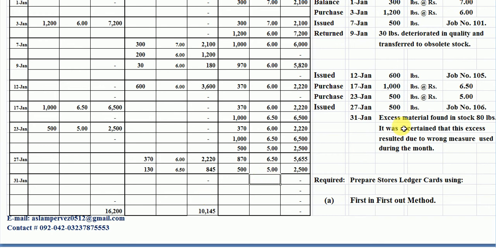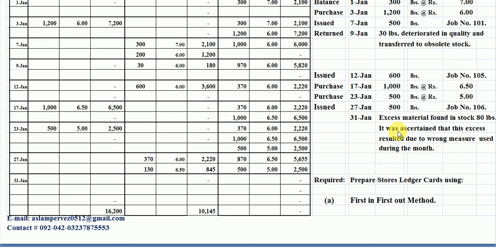Now 31st Jan, excess material of 80 pounds was found in stock. It was ascertained that this excess resulted from wrong measures used during the month.